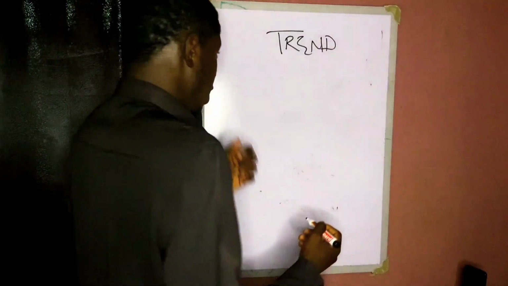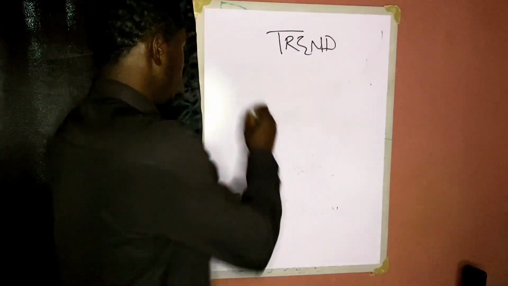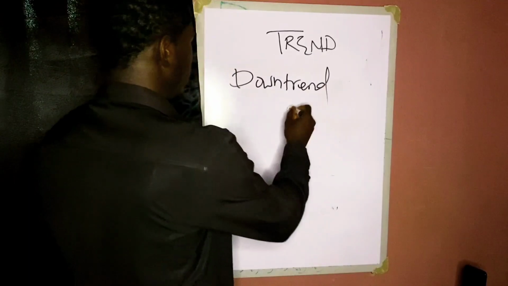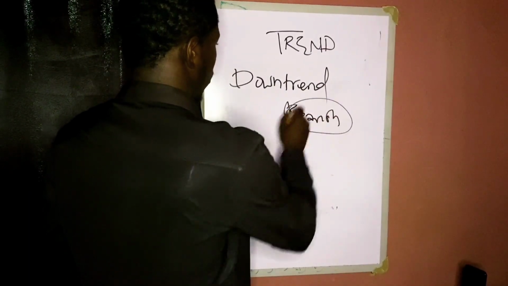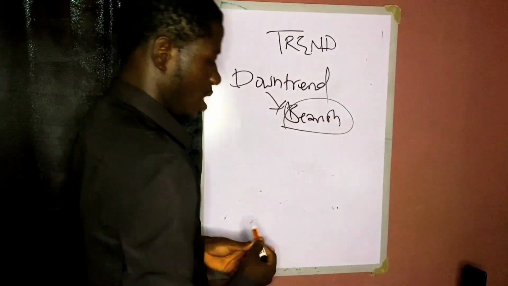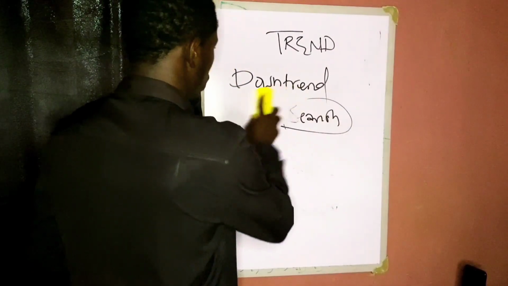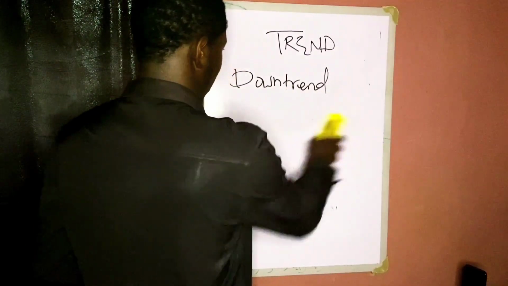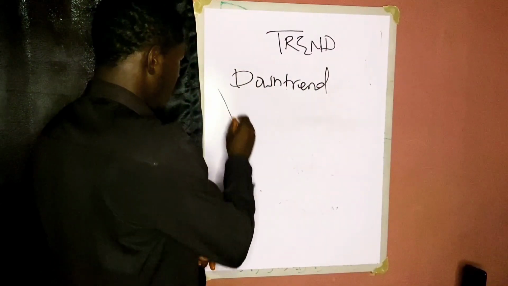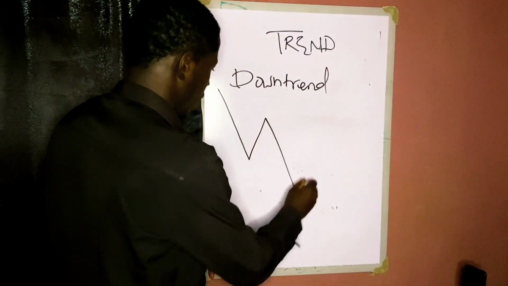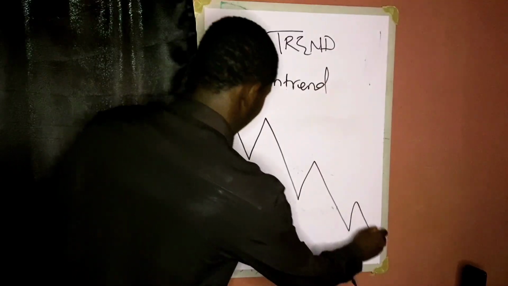The second trending market is considered to be a downtrend. It can also be called a bearish market. For a downtrend, what you want to be looking for in the market is pretty simple. You want to be looking out for the price moving in a downward pattern like this.